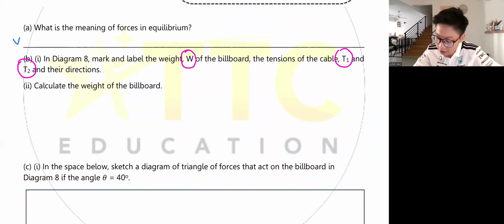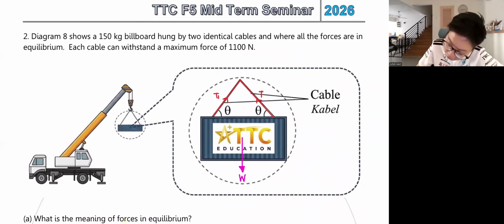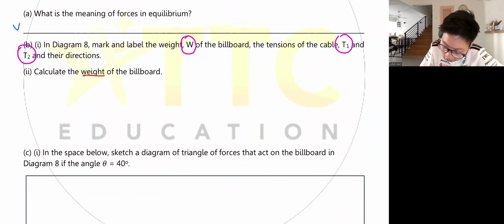Next, calculate the weight of the billboard. Okay, guys, 150 kg is how much weight? So guys, what's your answer? 150 kg.